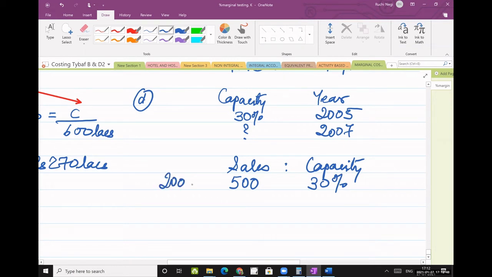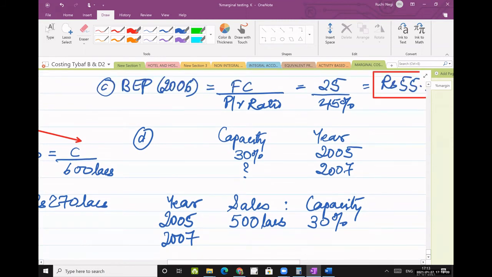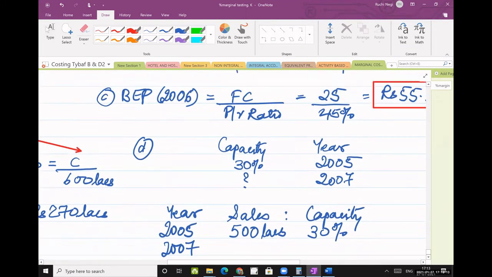So in the year 2005, sales is 500 lakhs and capacity is 30. So in 2007, first I must know the sales of 2007, and only then will I get its capacity. Let us calculate that now. This is the missing figure that we have to calculate.